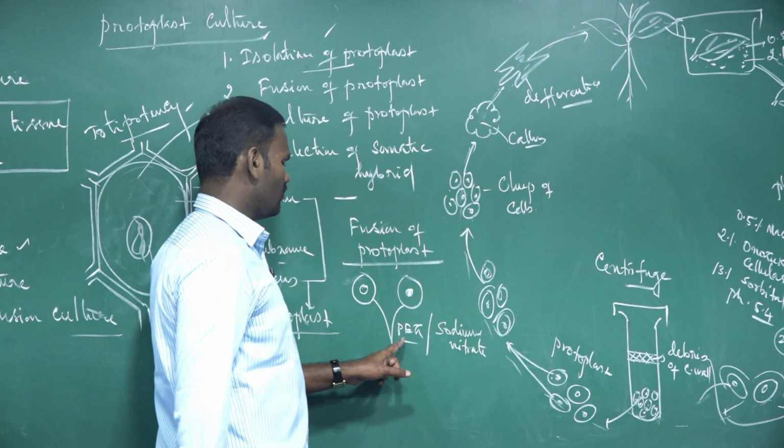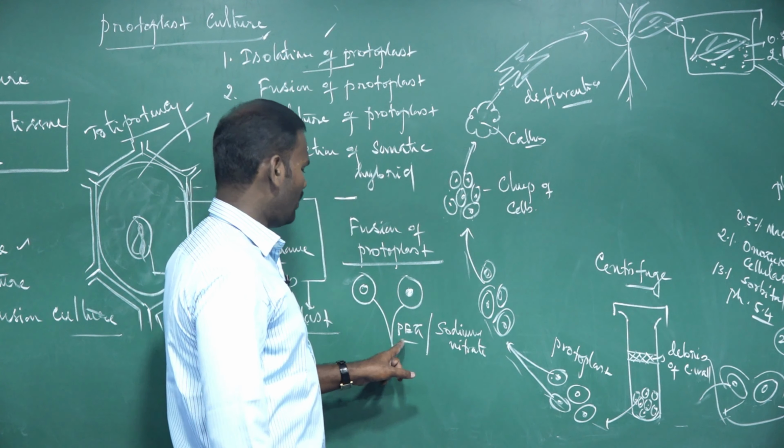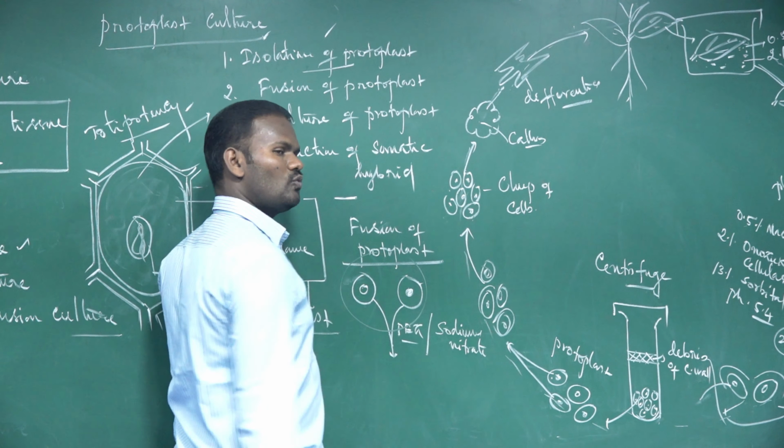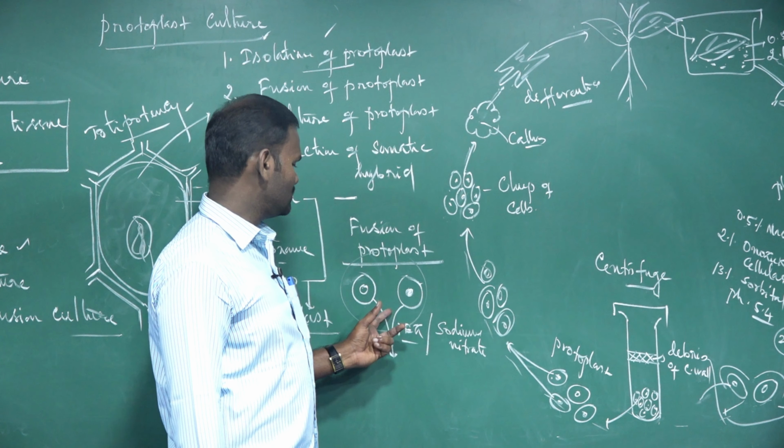Both protoplasts are placed in 20 to 30% concentrations of PEG or sodium nitrate, along with the presence of calcium 2 plus ions, or by applying a high voltage electric current, DC volt. With positive and negative charge, the two different types of protoplasts are fused together.